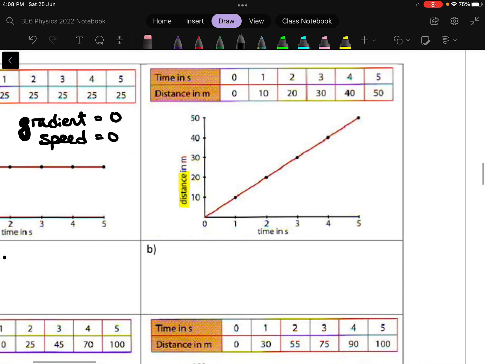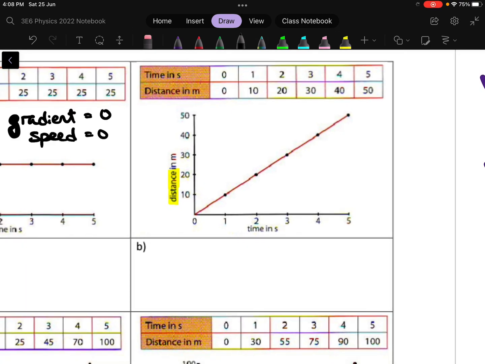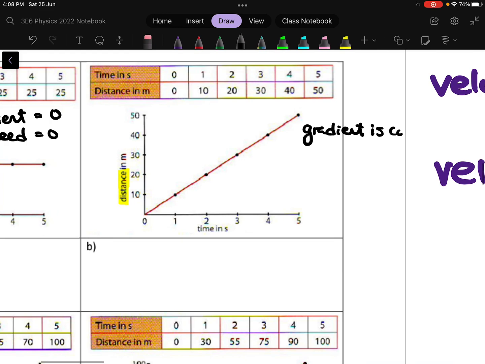How about this graph? Well, again, I will be using the same approach to describe the motion from a graphical form to a verbal form. So how would you describe the gradient here? Well, the gradient here is constant, right? Because it is a straight line. So what does the gradient of this distance time graph represent? It represents the speed.